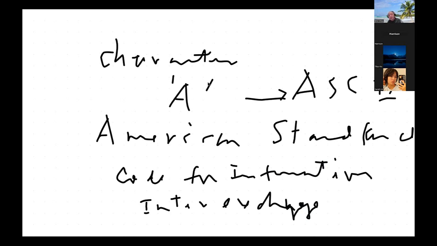Like you send me an email, and your character will be converted to the ASCII code and transmitted to me, and I'll receive the ASCII code, and I know what you say in the email. Just like here, I type something: American Standard Code for Information Inter-Exchange.